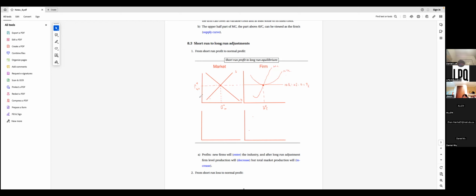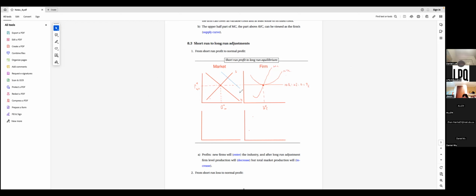Can somebody tell me which curve I should change? Is it the demand curve? Yes, the market demand curve. You're totally right. We shift the market demand curve to the right, because the market demand has increased by so much.